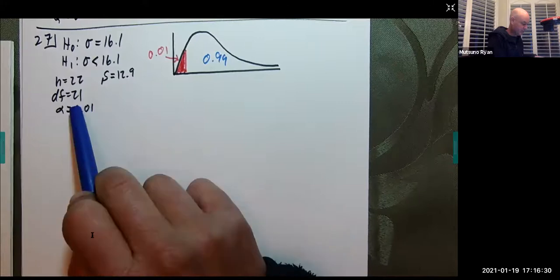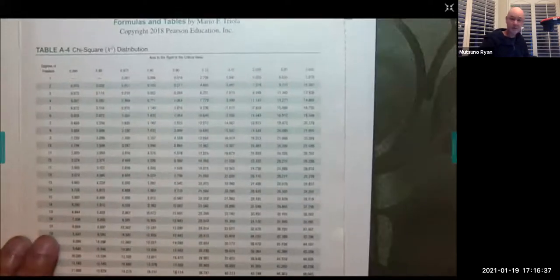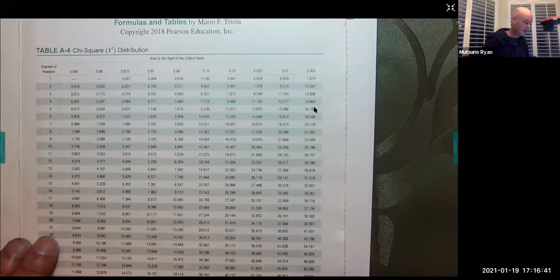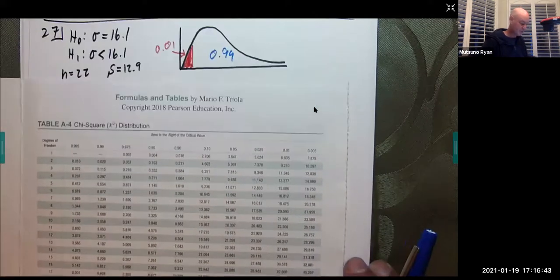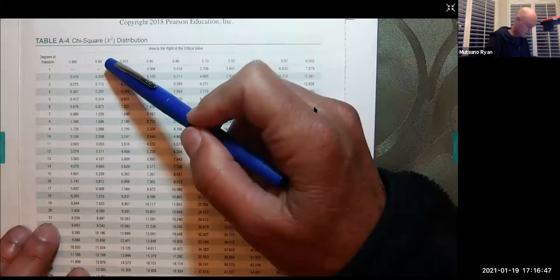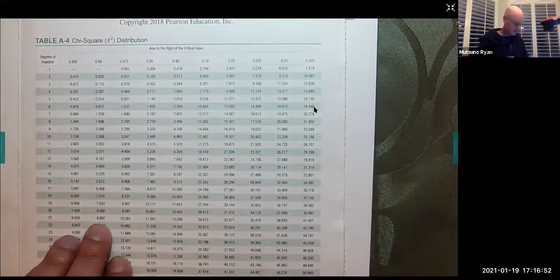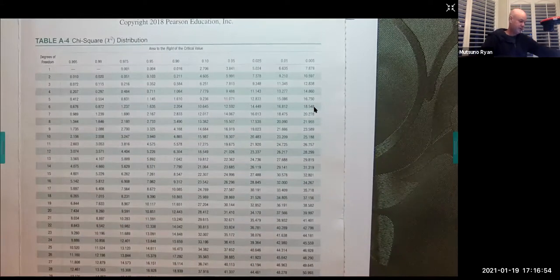So degrees of freedom is 21. And our area to the right is 0.99, so 21 is here, 0.99 is here. So my critical value is 8.897.